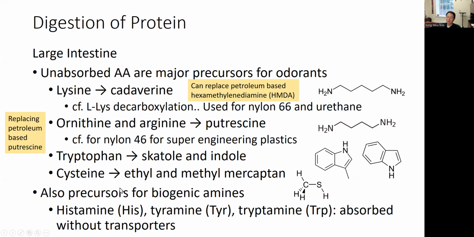Histidine becomes histamine, tyrosine is converted to tyramine, and tryptophan is converted to tryptamine, and those compounds can be absorbed through the large intestine and cause body reactions. So the large intestine has some important role here too.